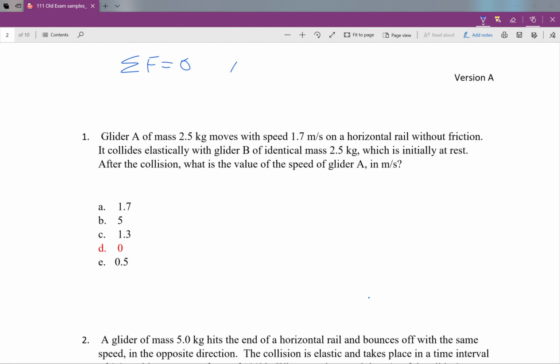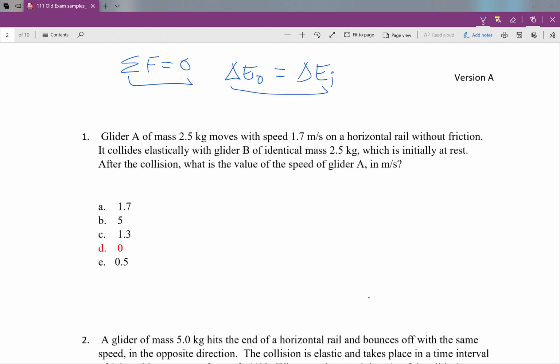And we know that the initial energy equals the final energy. So those are two important things to keep in mind when we solve momentum problems, because over here we're going to have to use both of these facts.